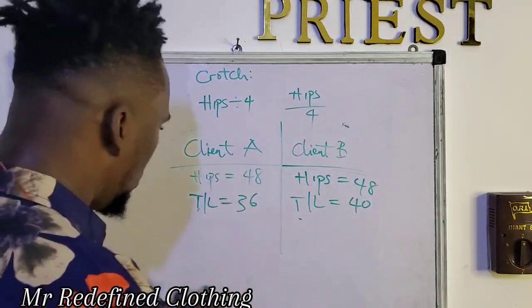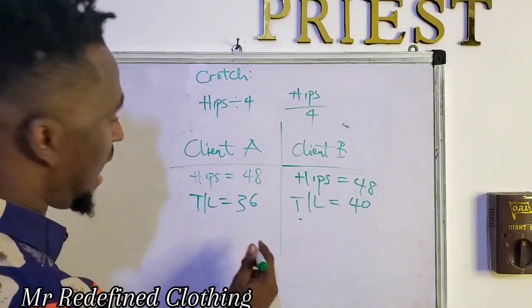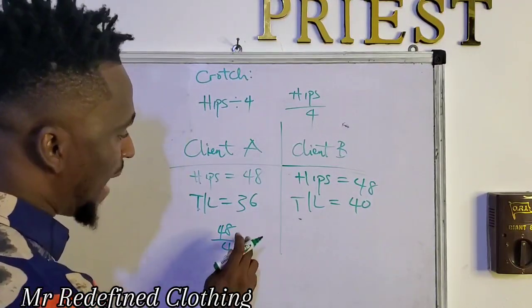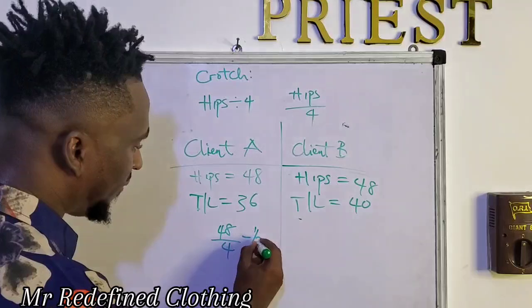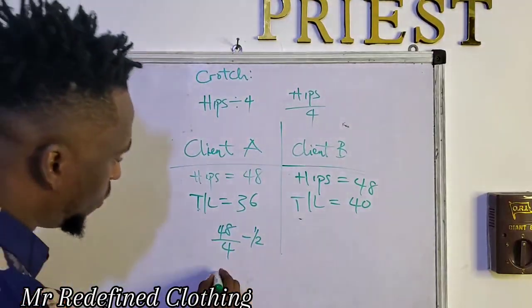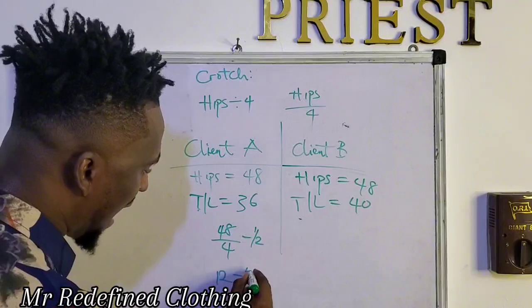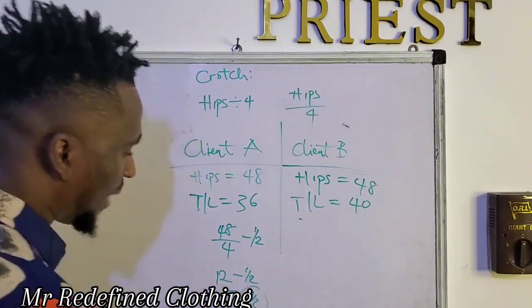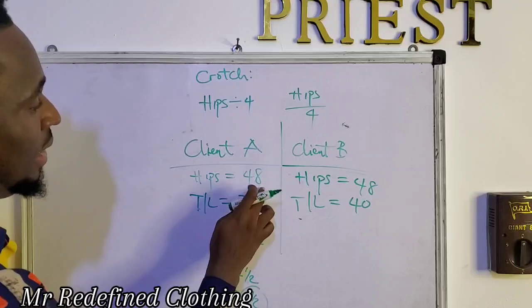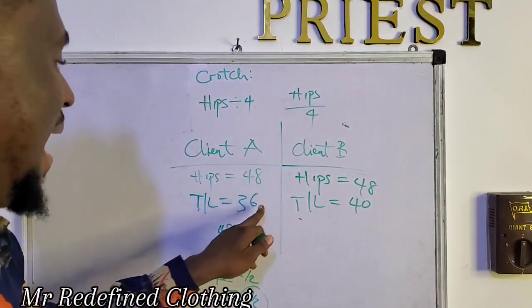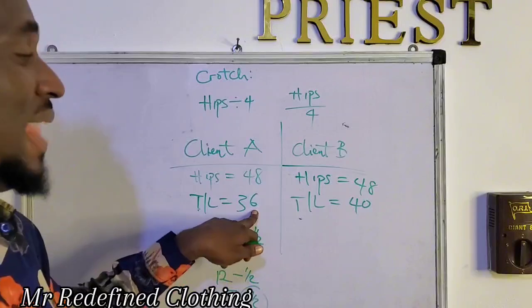So in such a case, what do you do? For client A, 48 over 4, you have to minus half from the answer to get a lesser value, which will give you 12 minus half, which is 11 and a half. So 11 and a half is the crotch for this client A that has hips of 48 and a trouser length of less than 39 inches.